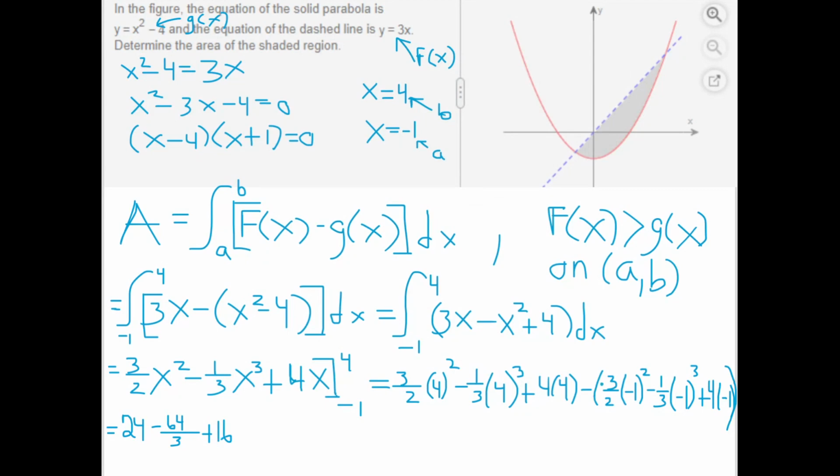Okay, now we're going to do the minus. So we have -1 squared is 1 times 3/2 is 3/2, so a minus 3/2. We have -1 cubed is -1 times -1/3 is positive 1/3, but it's a minus, so it's minus 1/3. And then we have -1 times 4 is -4, but there's a minus, so it's a positive 4.